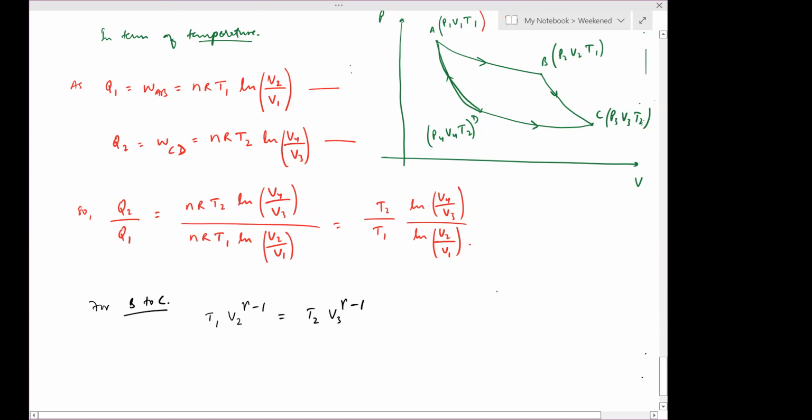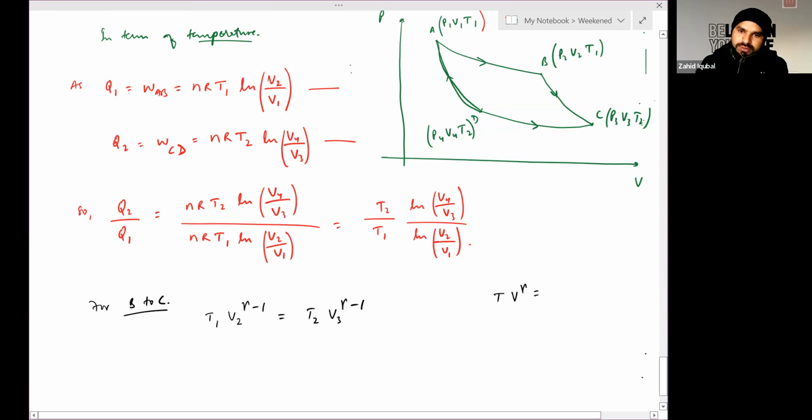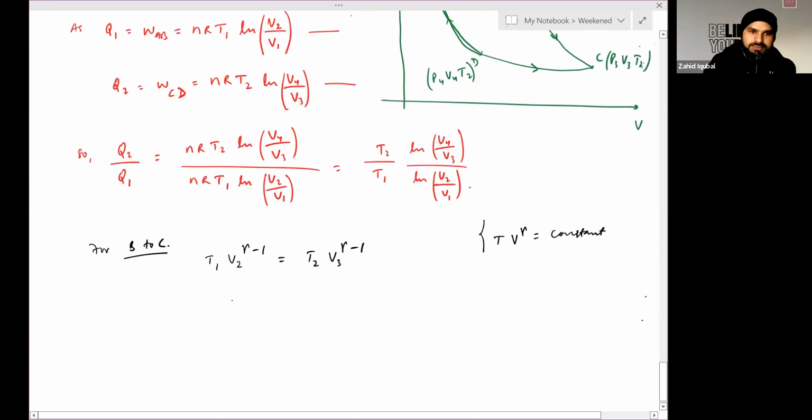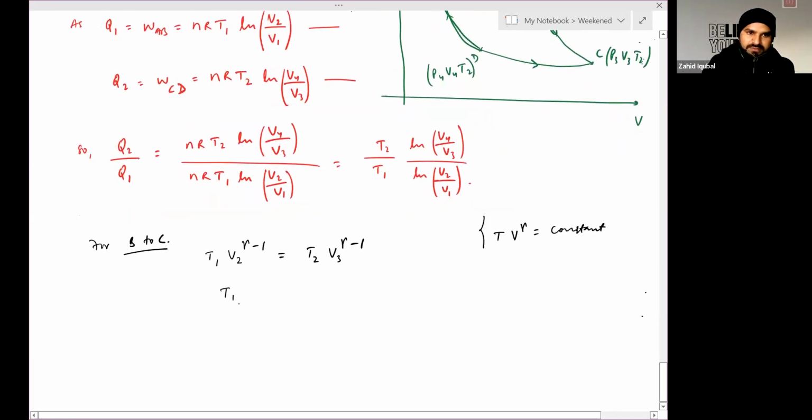Yes, sir. Using the relation T V to the power gamma minus 1 equals constant, we can write T1 divided by T2 equals V3 divided by V2 whole to the power gamma minus 1, taking the power common from both terms.